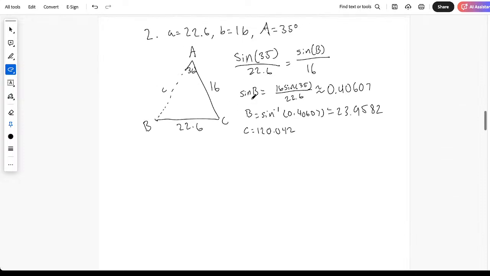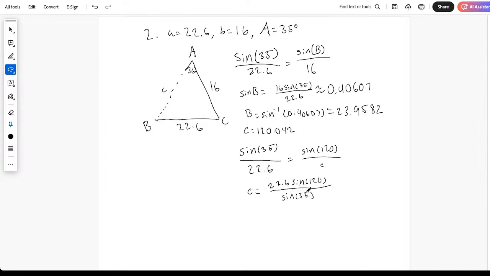So let's find side C now. Let's bring back in sine of 35 over 22.6, and that equals sine of 120 over C. So C equals 22.6 times sine of 120 over sine of 35.